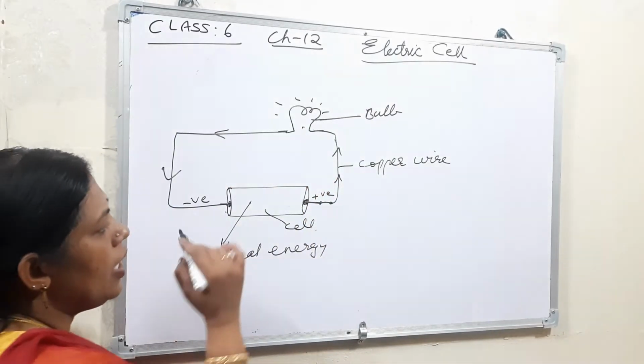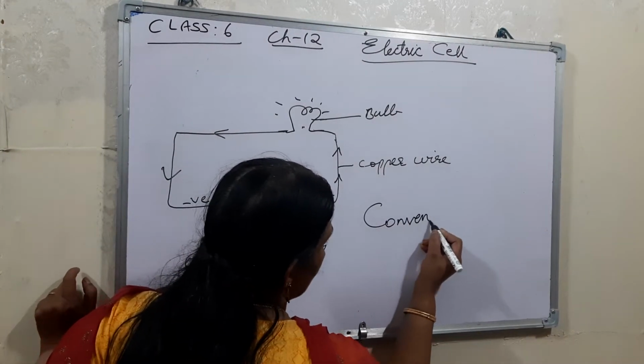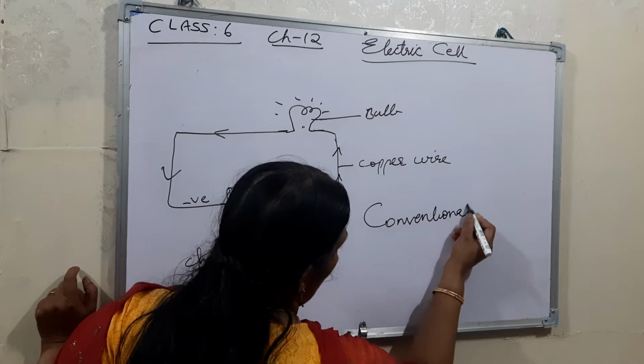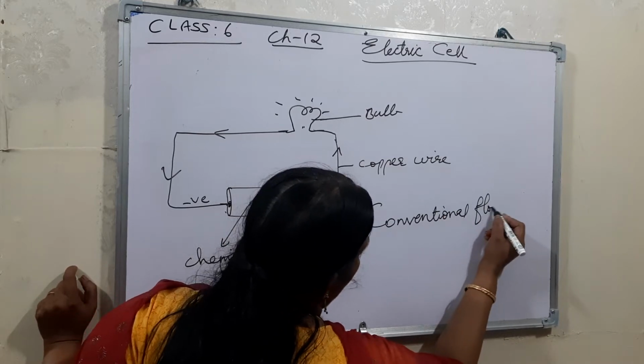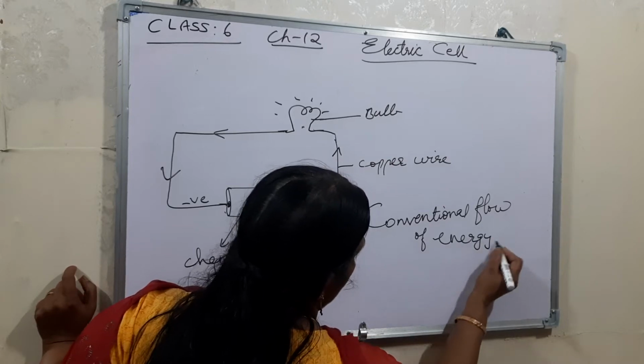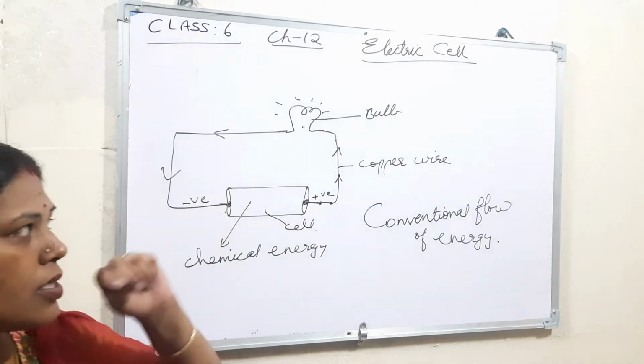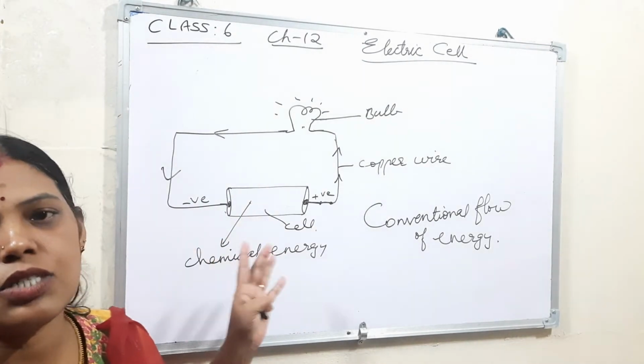That is known as the conventional flow of energy. Understood how the bulb works, that means how the electric cell works?